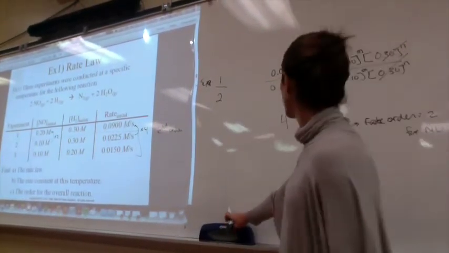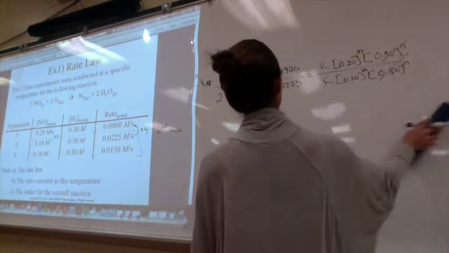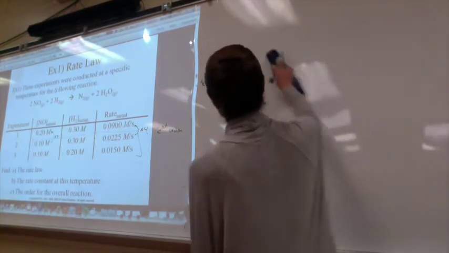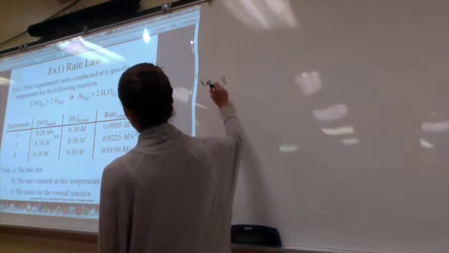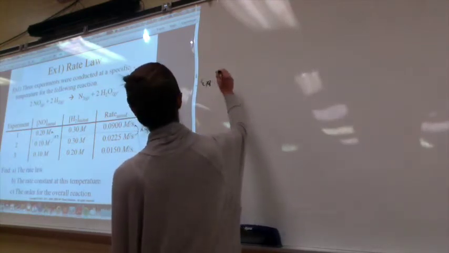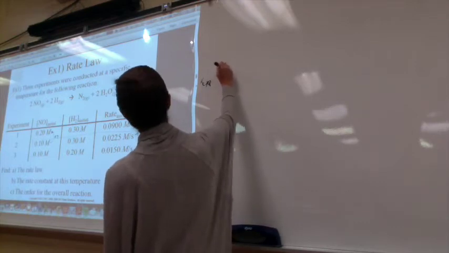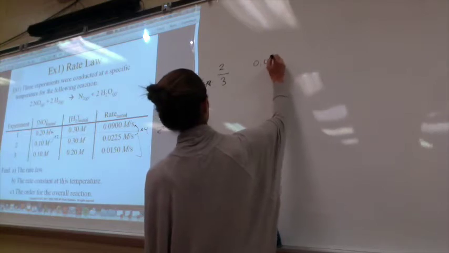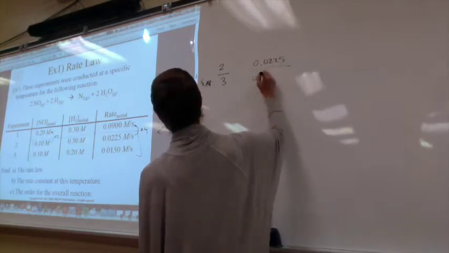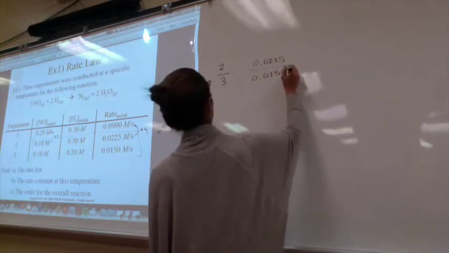So I'm going to show the work again for solving for it. So experiment 3 and 2. So I'm going to put 3 over 2. So that's, the rate is 0.0225 over 0.0150.